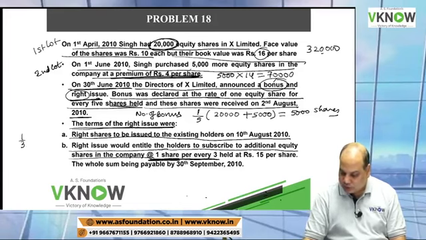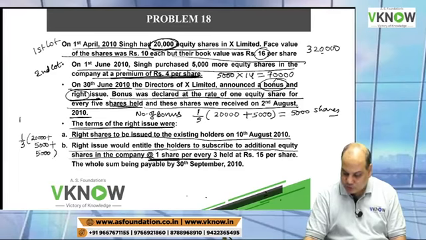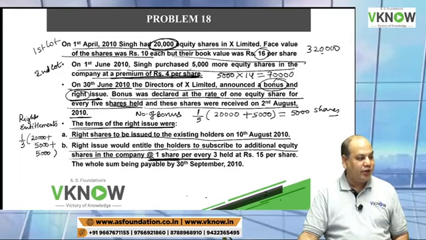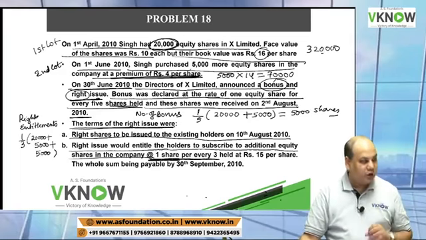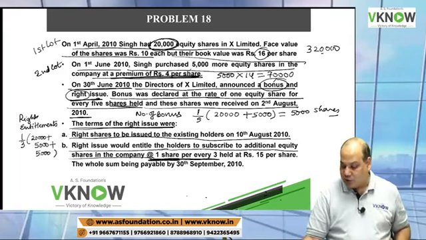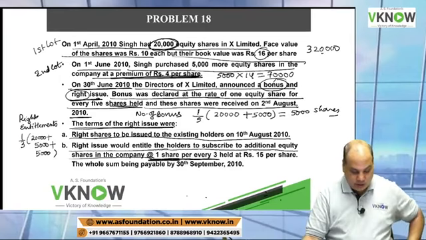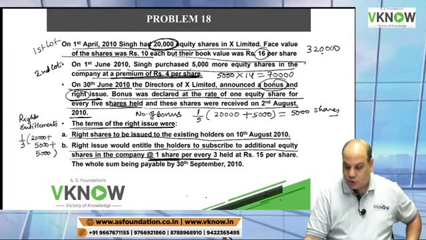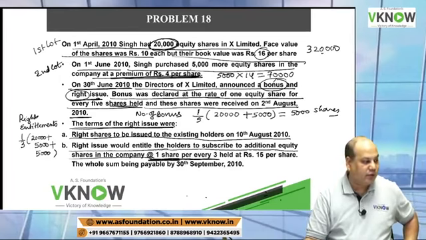So 1 by 3, 20,000 we are already holding in the beginning, plus 5,000 purchased and plus 5,000 bonus shares. Can somebody tell me what is the right entitlement? How many rights will be received? 1 by 3 into 20 plus 5 plus 5.